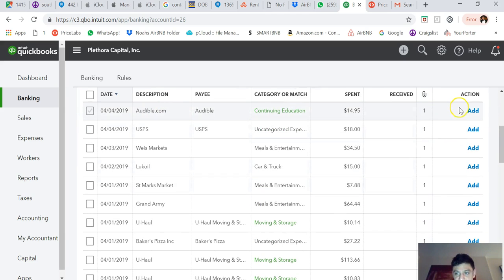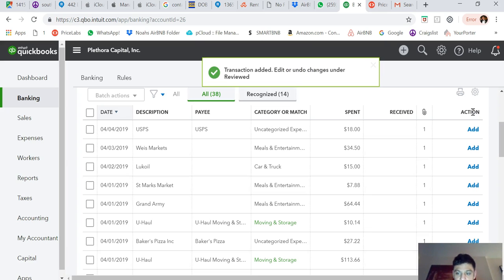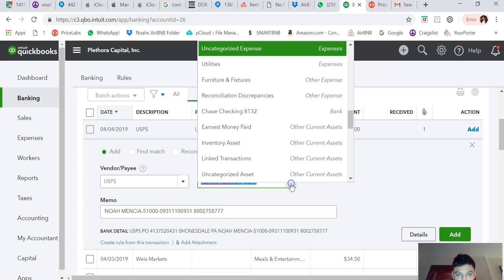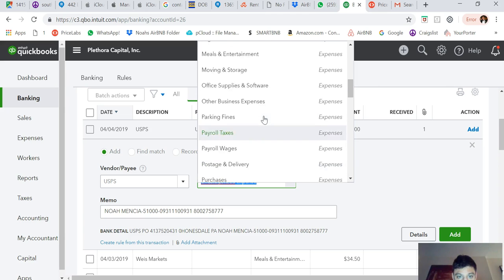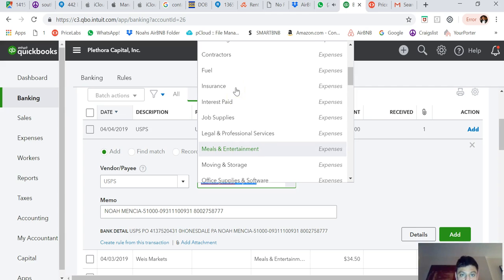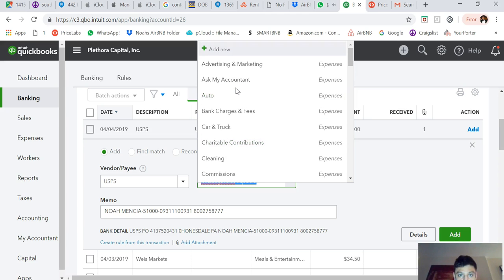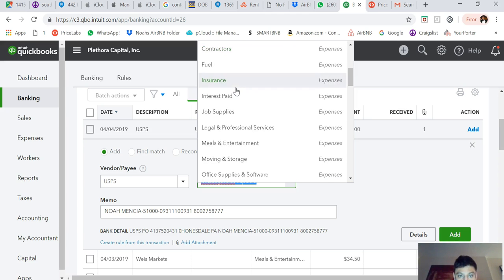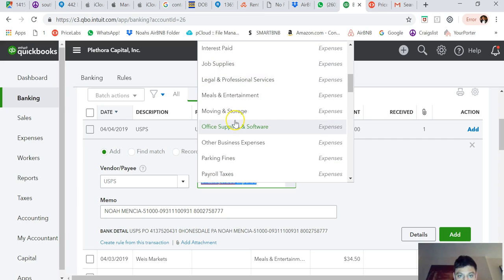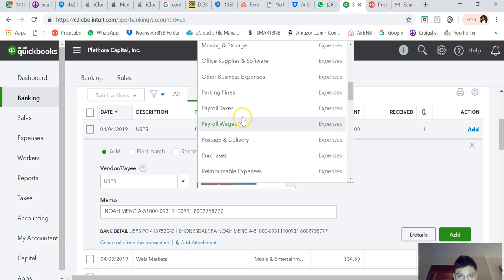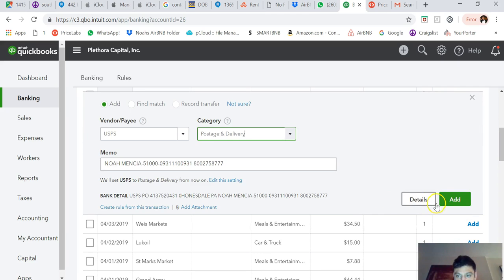Audible is continuing education. You know, Audible is online books. USPS is going to be U.S. Postal Service, which is going to be postage and delivery.